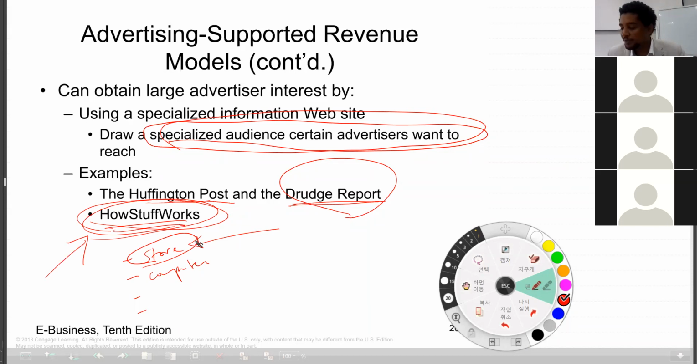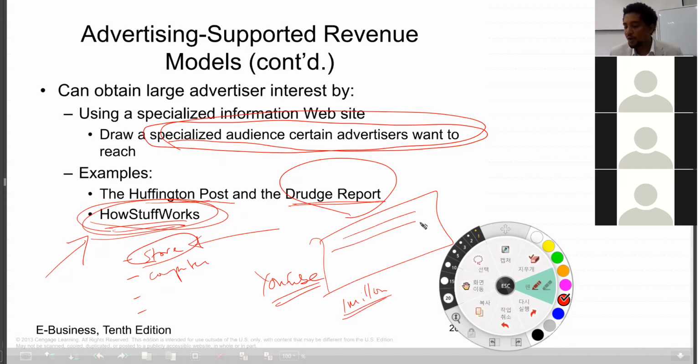Okay, but if you take, for example, YouTube, so many millions of people watch a video. Okay, a video could have 1 million views. So from these viewers, you do not know which of these viewers are interested in your product or not. But there are advertisements every 5 minutes or 2 minutes about different products.